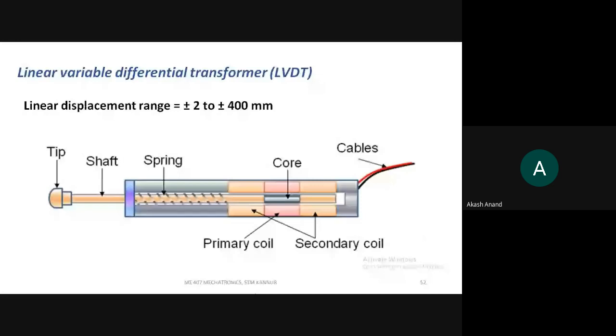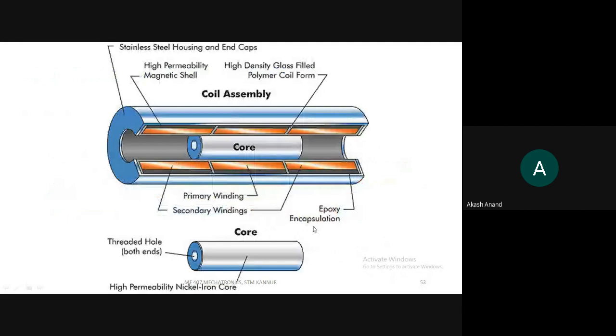So again, I'm explaining it here. With the help of this cable, an alternating current is fed into the primary coil. For understanding in detail, you can refer to this figure. There is a primary winding, or simply the primary coil, and this is the coil wound over the core.